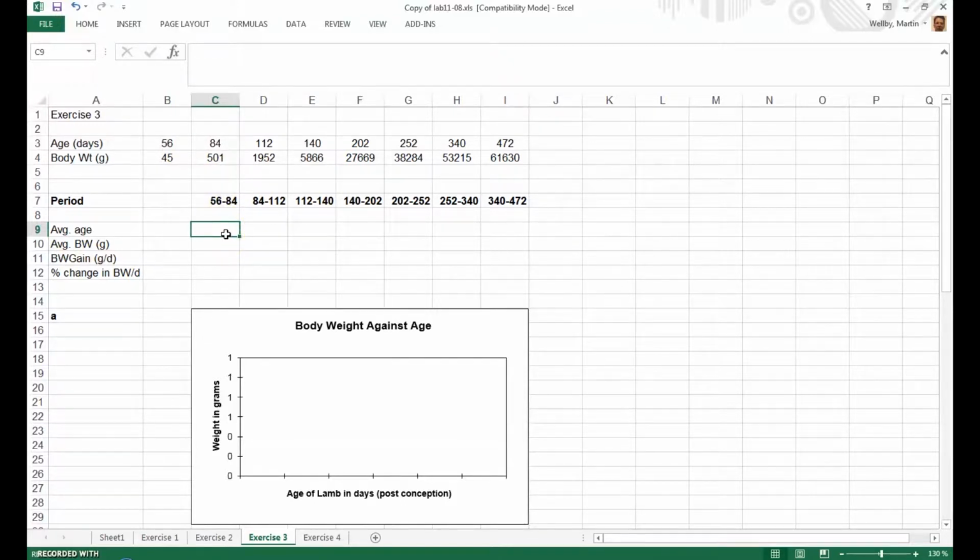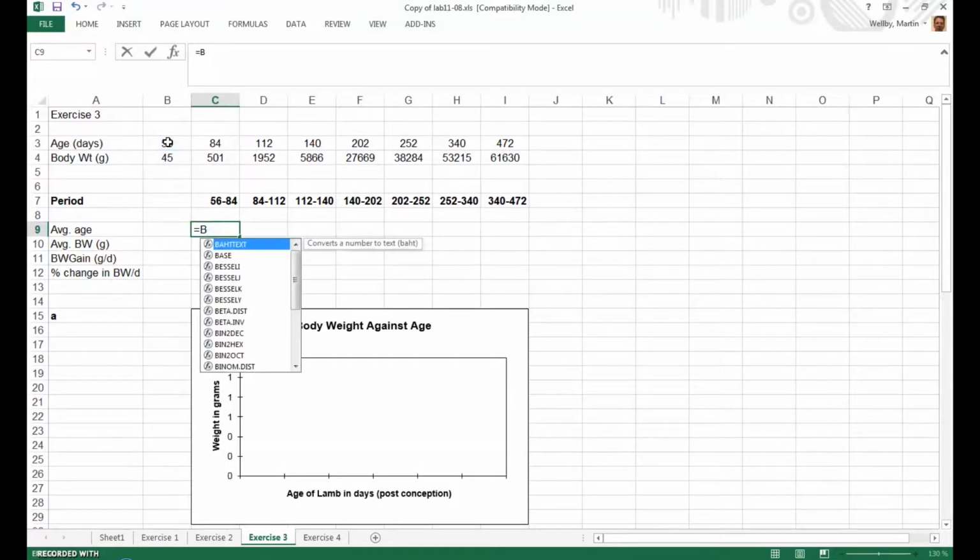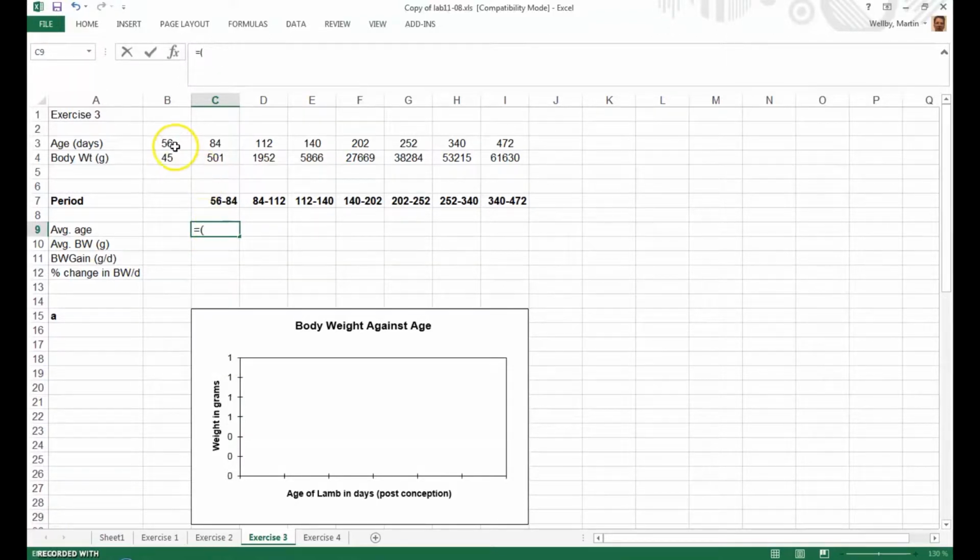Just one thing to bear in mind when we are doing this is that the age here is from conception. Okay, so the animal is born at about 150 days, so it'll be born around here.